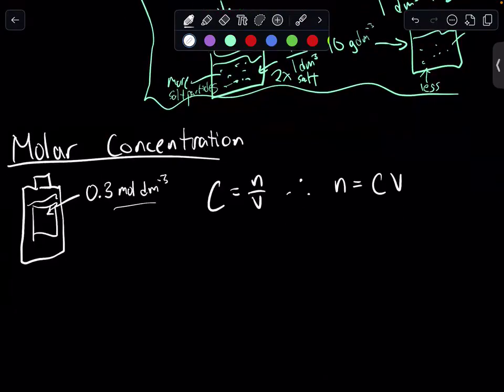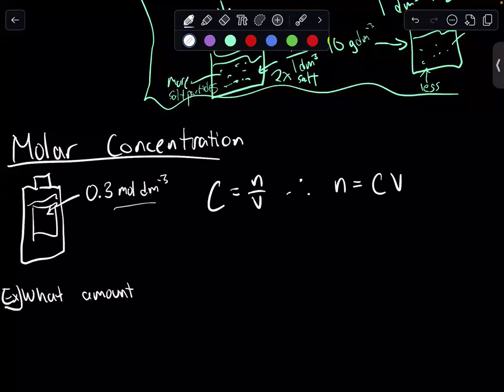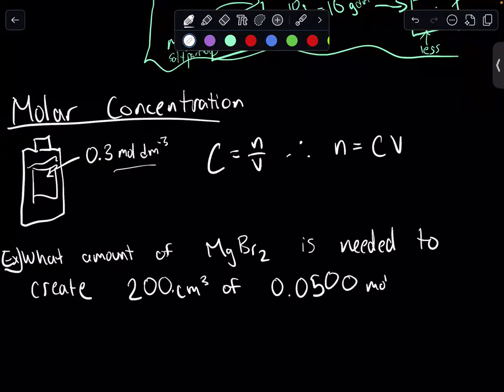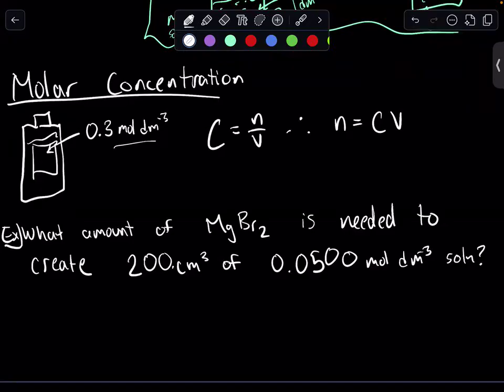The example we're going to start right off the gate is: what amount of magnesium bromide is needed to create 200 centimeters cubed of 0.0500 mole decimeter inverse cubed solution? It seems really complex, but we're going to break it down.